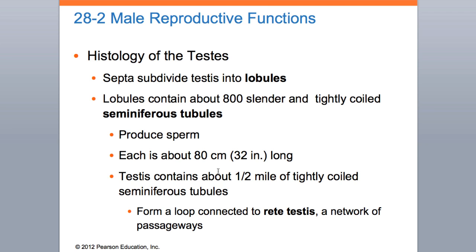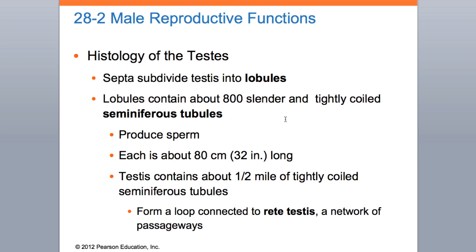Okay. This is a very important picture. This is found within the testes, and you have what's called the lobes or lobules. Inside of these lobes or lobules, you will find very tightly coiled seminiferous tubules.